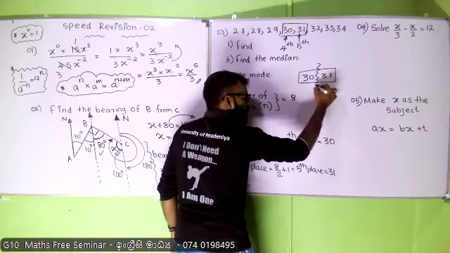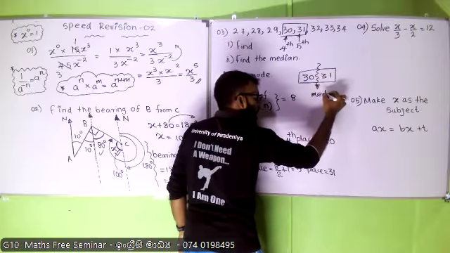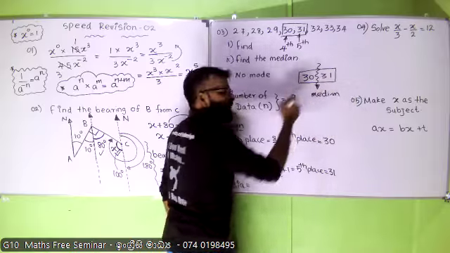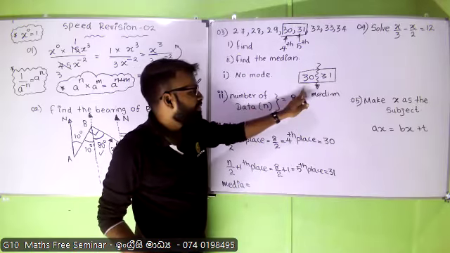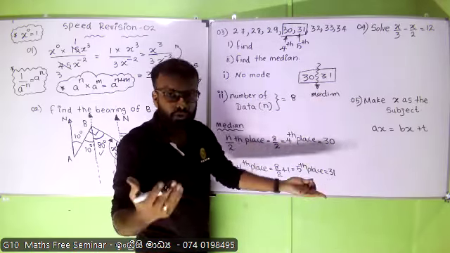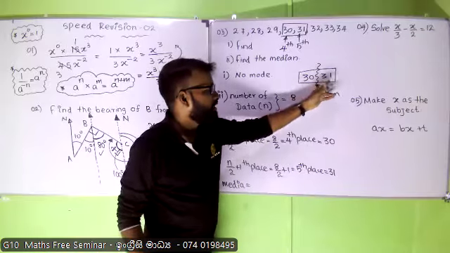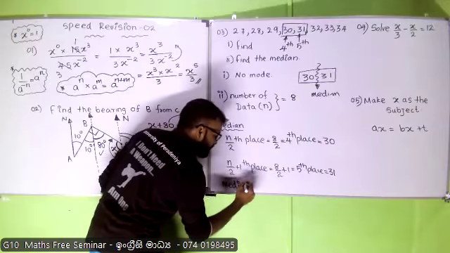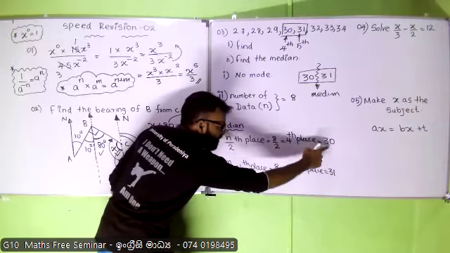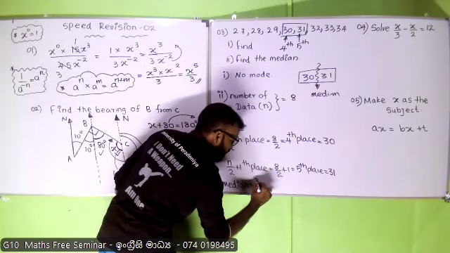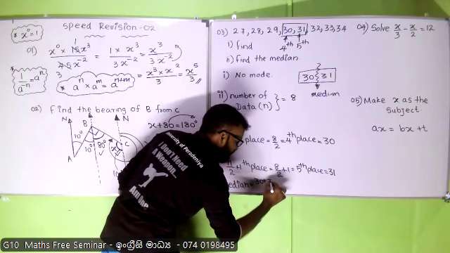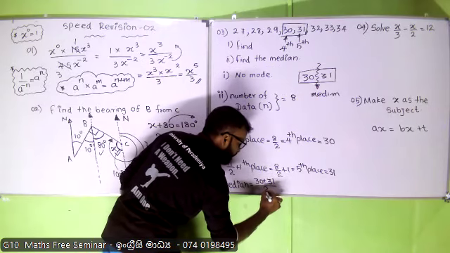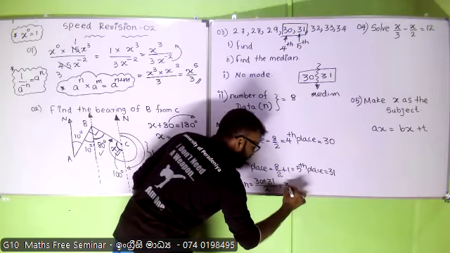By looking at this at once, you can tell me what the median is. 30.5 should be the answer, because between 30 and 31, the middle number is 30.5. Normally we do it like this: median equals 30 plus 31 divided by 2. You will get 30.5.